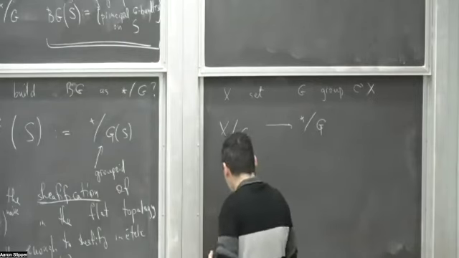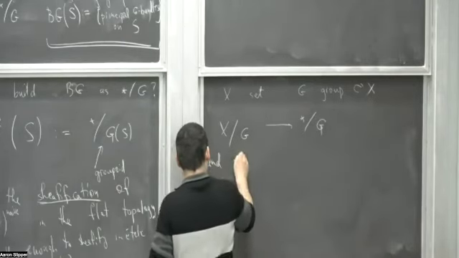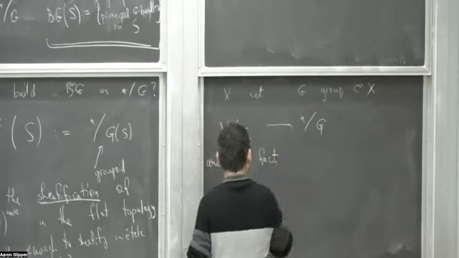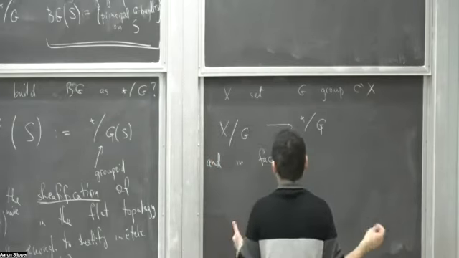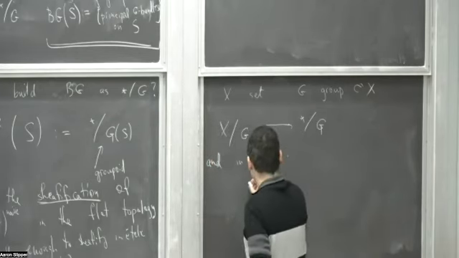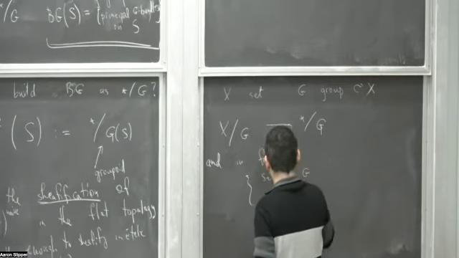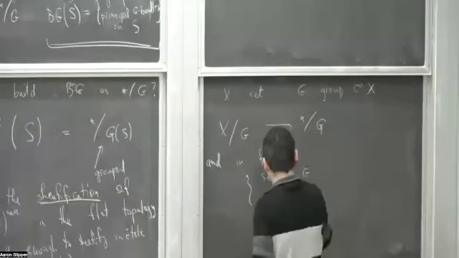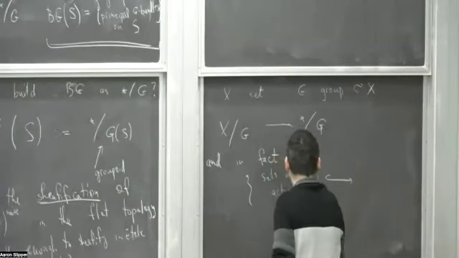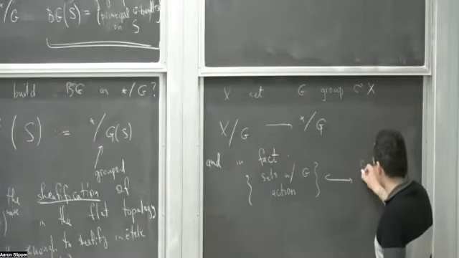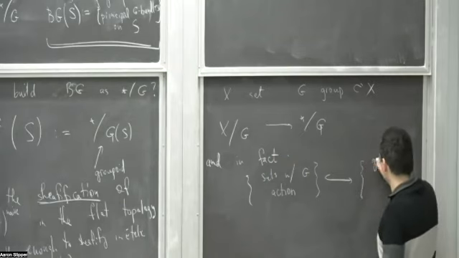And in fact, there's an embedding of sets with G action into groupoids.